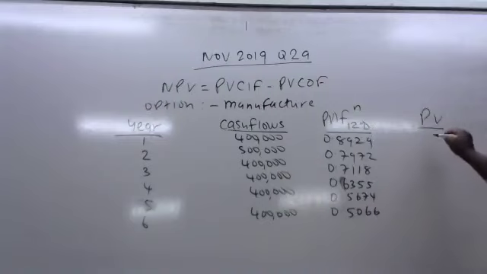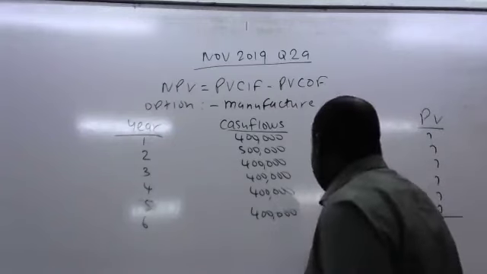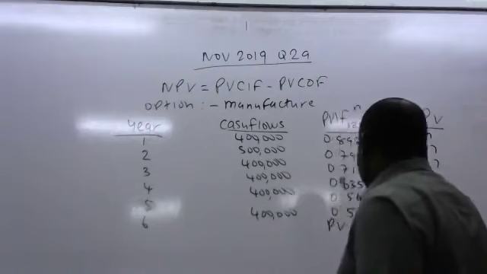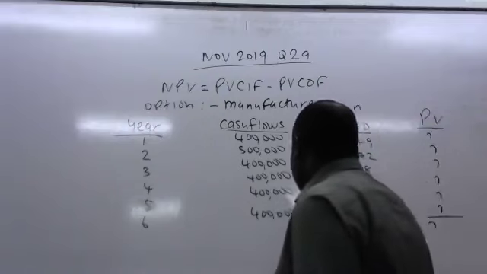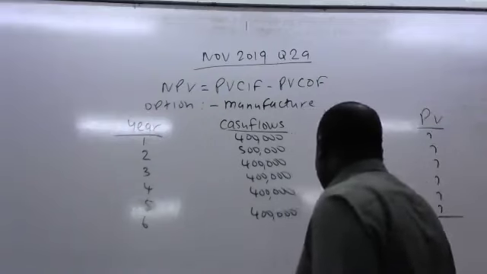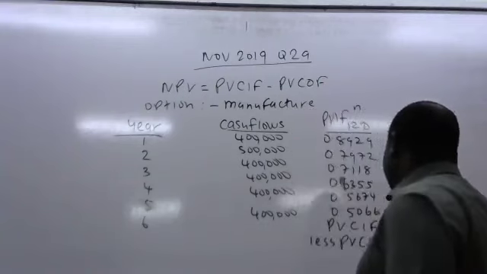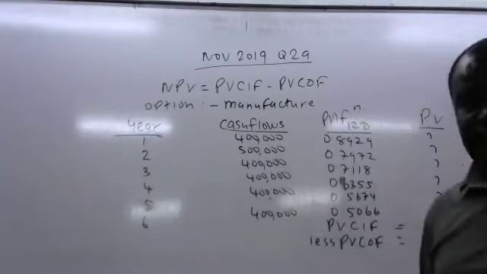So get the present value. Then you less the present value of the cash outflow.